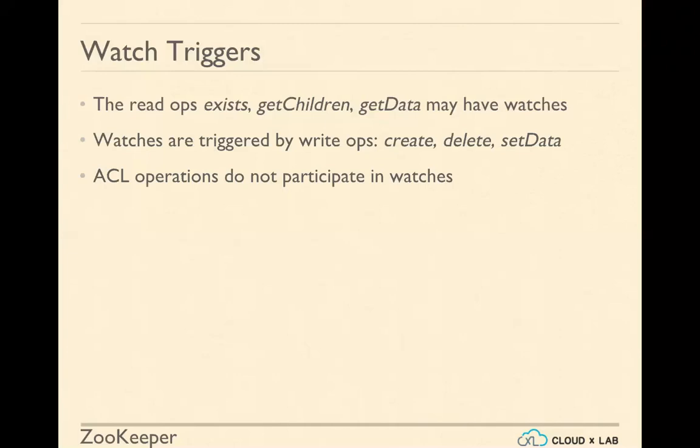ACL operations are something new. There is something called an access control list on a Z node, because Zookeeper is accessed across the organization. If you have a data center in which Hadoop or similar services are running, the chances are you would have Zookeeper, and it could be used by many applications.